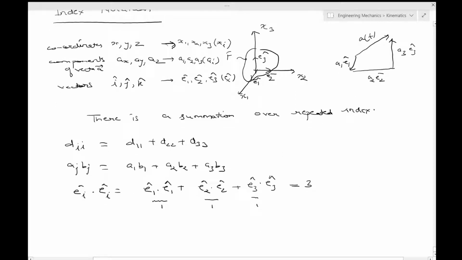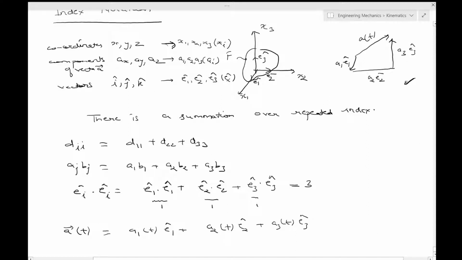Okay, let's see how a vector can be written. So if you have a vector a at any given time, like this one in this figure, it will clearly be written as a1 of t e1 hat plus a2 of t e2 hat plus a3 of t e3 hat.